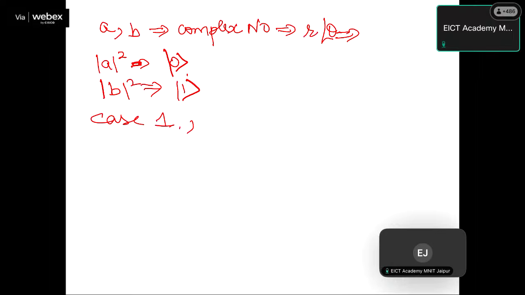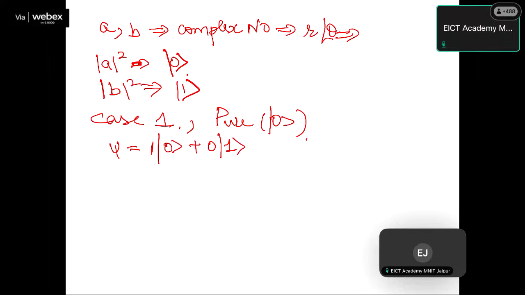That is, I have only the lowest energy level, that is pure 0. So what will be the quantum state? The quantum state would be given by psi equal to 1 times the state 0 plus 0 times the state 1, where 0 is the magnitude of the highest level.